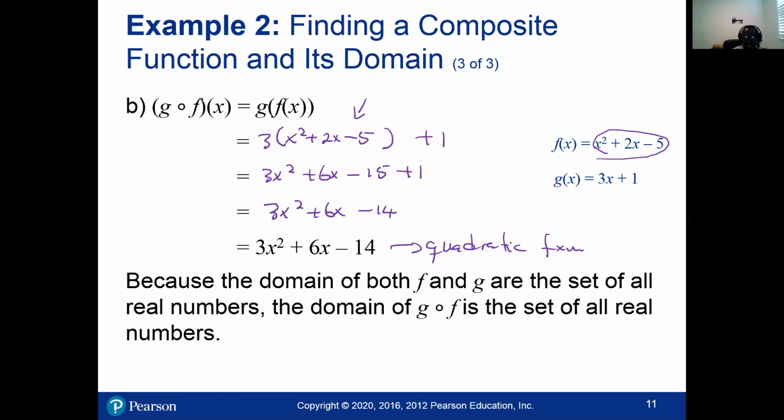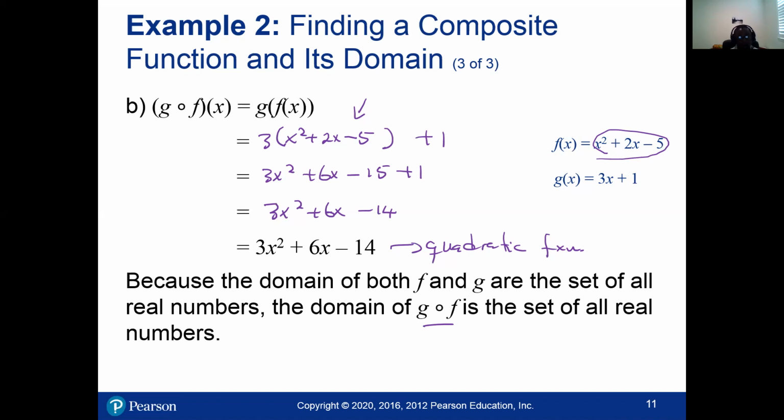Again, the domains of f and g are both the set of all real numbers, and therefore the domain of g of f is also the set of all real numbers. This example makes it easy to find the domain, because both functions are polynomials, and the domain of a polynomial function is all real numbers. That's why the composite function is all real numbers in these two cases.